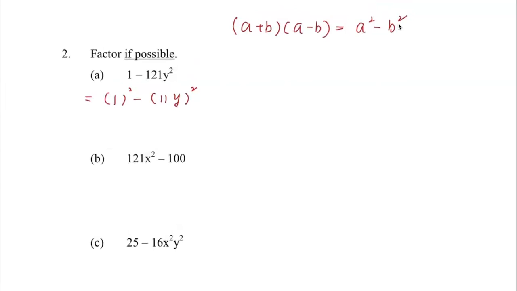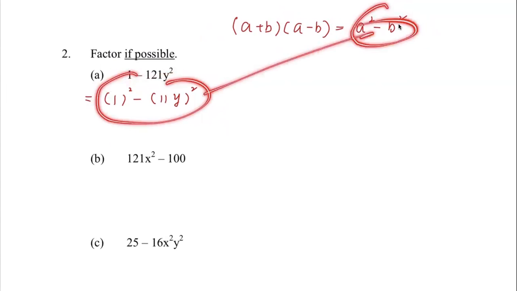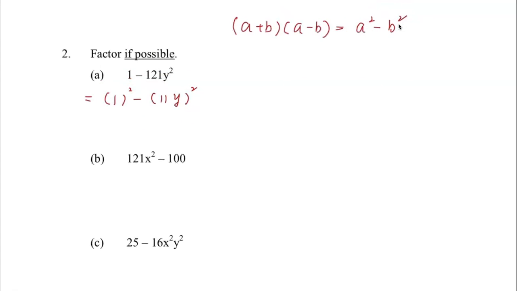So if we look closely at this expression and this formula, we can see these two are of the same form, right? So this is A, 11y is B. So the answer should be 1 plus 11y times 1 minus 11y.